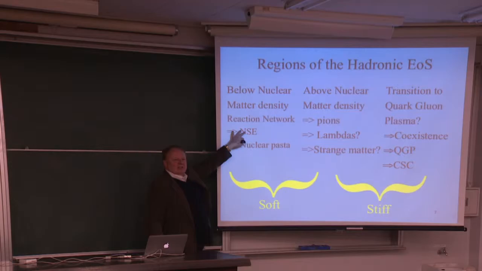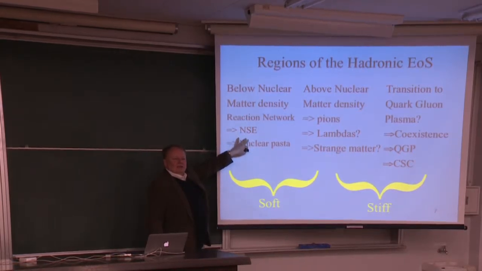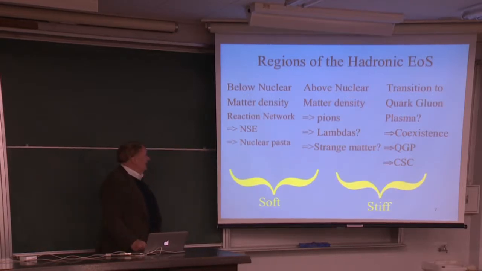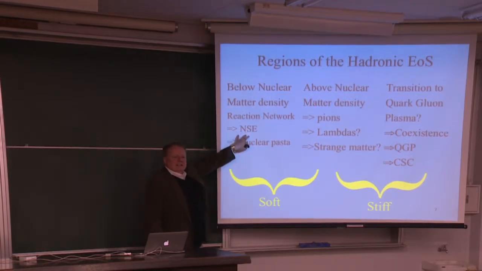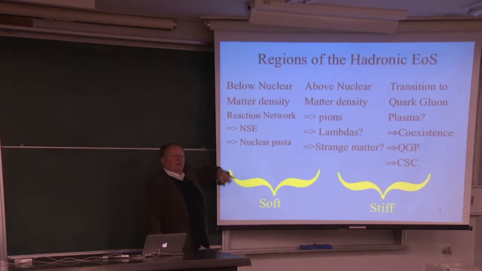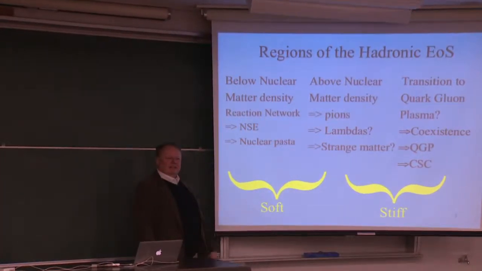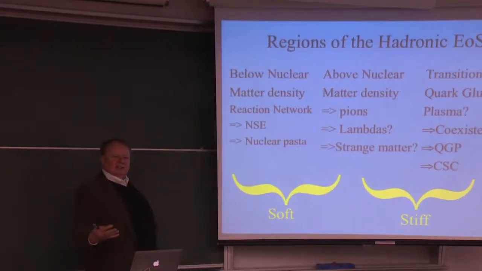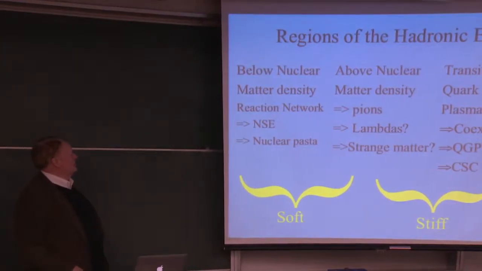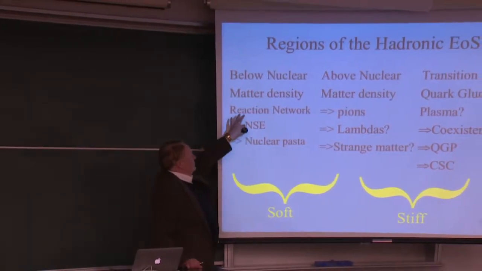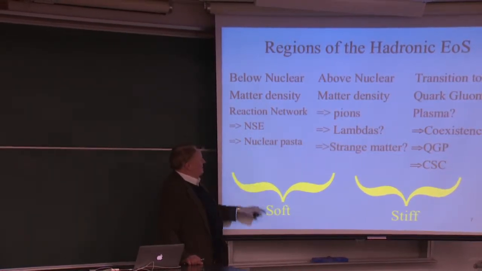Eventually, they get into something called nuclear statistical equilibrium, kind of like an ionized gas for nuclei. The reaction rates are so fast they don't matter anymore. The relative abundances are just given by a Boltzmann factor, like the Saha equation in atomic physics. Okay, so this region doesn't change much, but you want that overall to be soft.